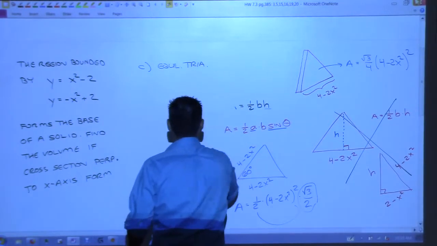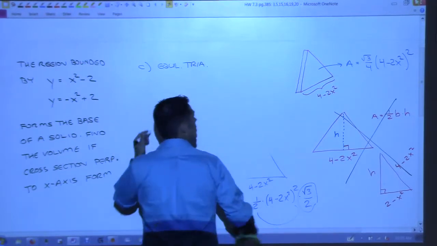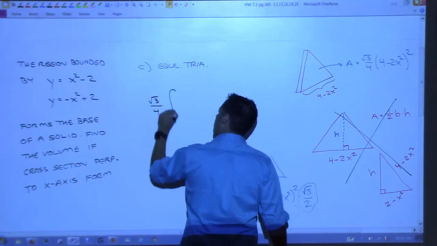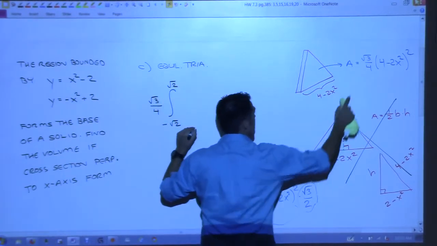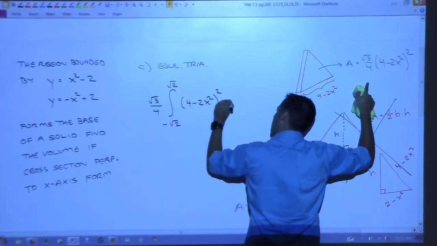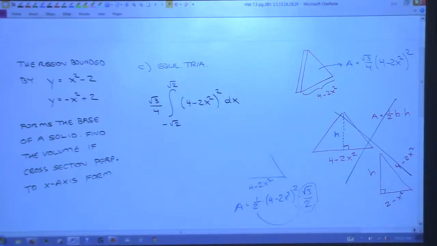So to answer part C, are there any constants I can pull out for part C? Root 3 over 4, integral negative root 2 to root 2, and then whatever's left, 4 minus 2x squared, that quantity squared dx. Wait a minute, isn't that almost the same formula for the square when we did squares?